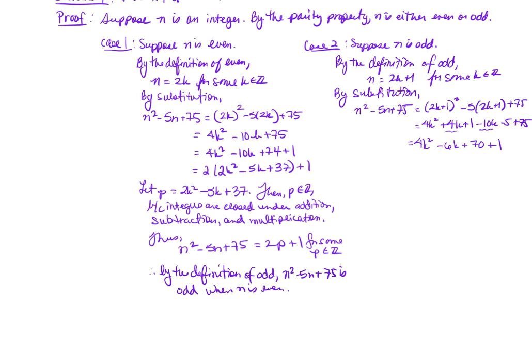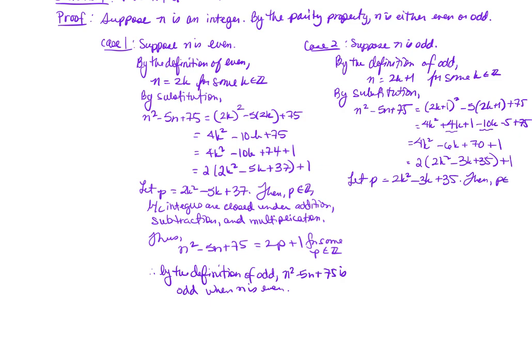So we end up, when we factor out our 2, we get 2k squared minus 3k plus 35, and then we still have our plus 1. So we will let p equal 2k squared minus 3k plus 35.